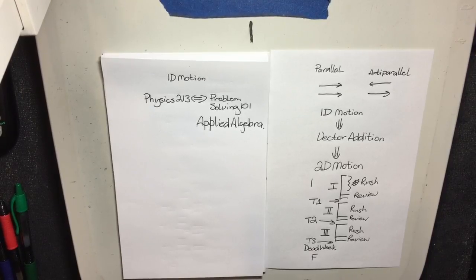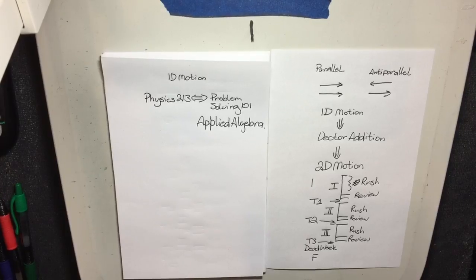Physics 213 is for a group of individuals, the vast majority of which will never be physicists. There is a subset of Physics 213 students who choose to become Physics BA students, and the main purpose of the Physics BA degree is that it's a pre-med degree program.